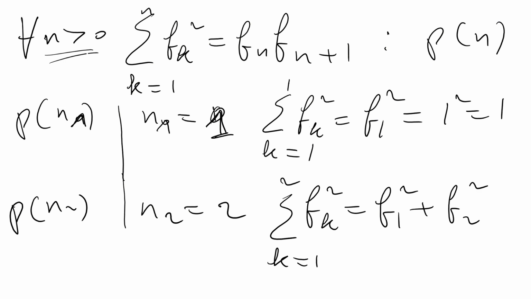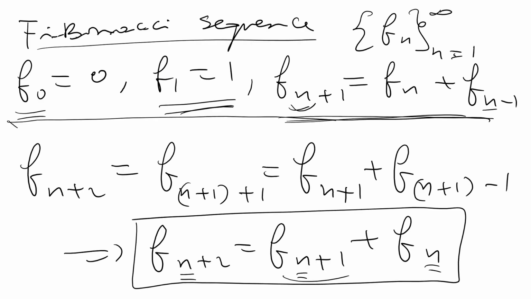Now we saw from here that f_{n+2} is this. So if I want to get f2, I just replace n by 0, so it's going to be f1 plus f0. f1 is 1, f0 is 1, so f2 is going to give us 2.